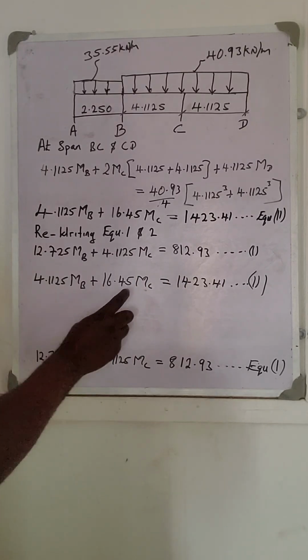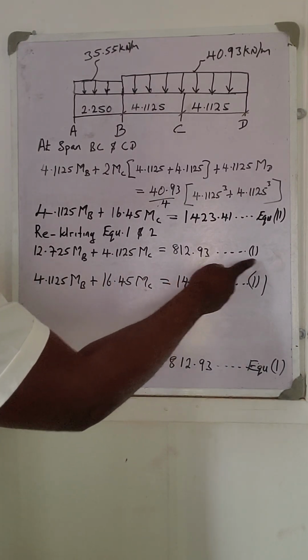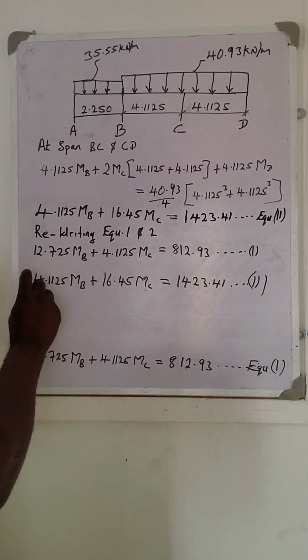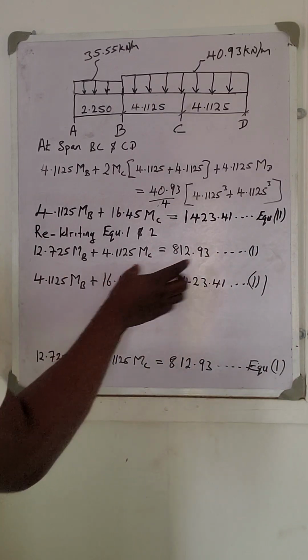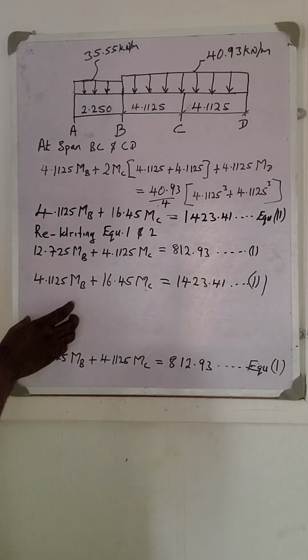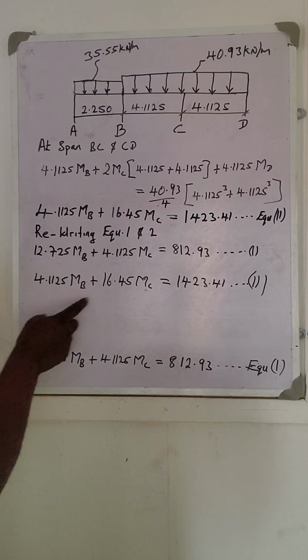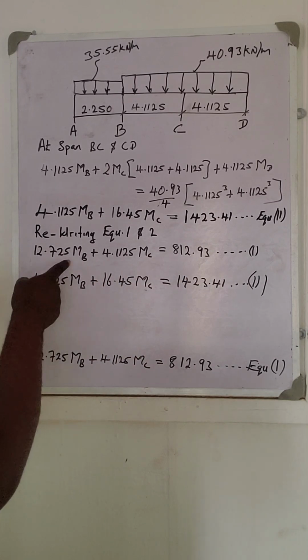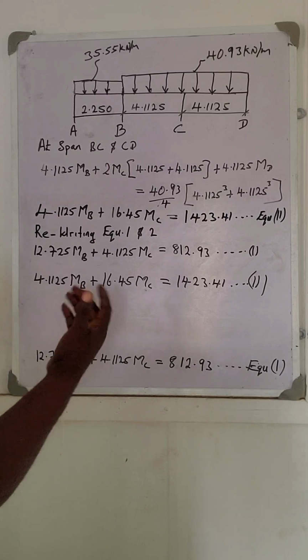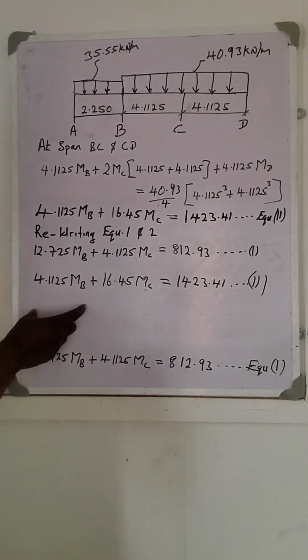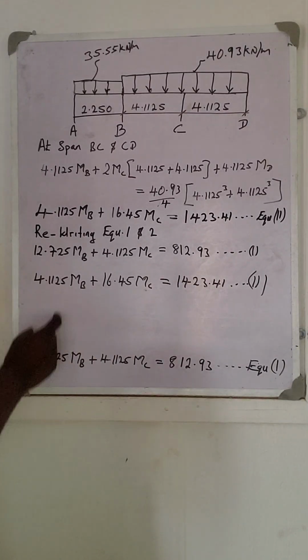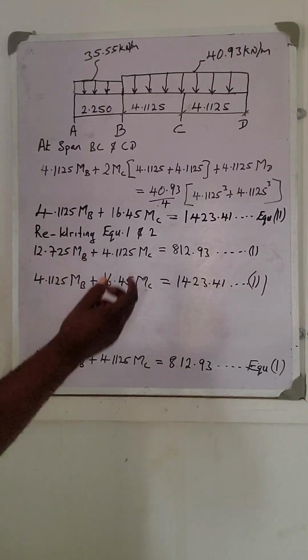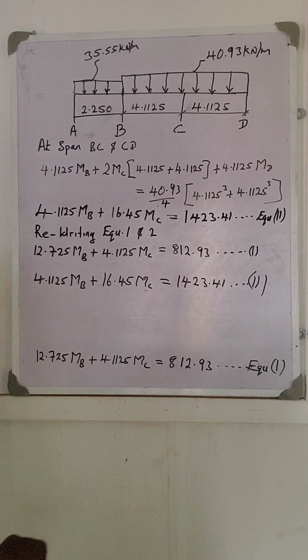We've arranged equation 1 and equation 2. Using simultaneous equations, we can now resolve MB and MC, or to make it neater, we can use determinants to solve for MB and MC. Thereafter, we move to the span moment to calculate for the span.